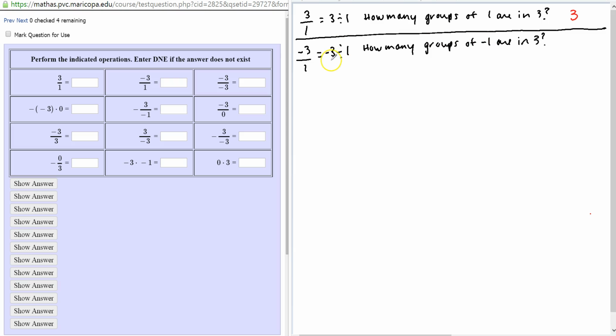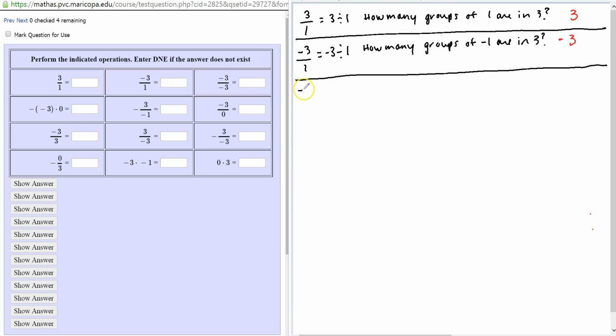So we could think of dividing 3 by 1, and we would get 3. And when we're dividing, when one number is negative and one is positive, that means the answer is negative. So notice when we divide negative 3 by 1, we get negative 3. And this is a general true result for any number. If you divide any number by 1, you get back the number itself. So you don't need to memorize that rule. Once you do it a few times, you get to see the pattern. But that's a nice fact we can use.